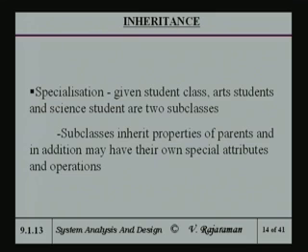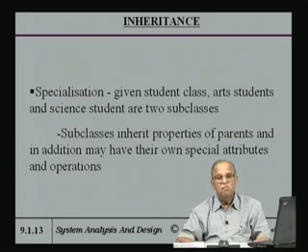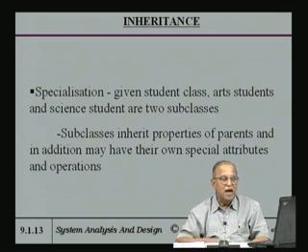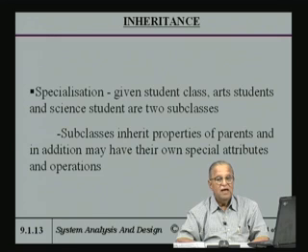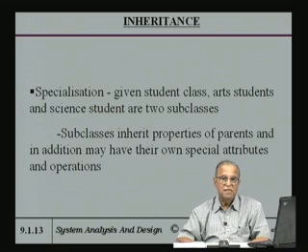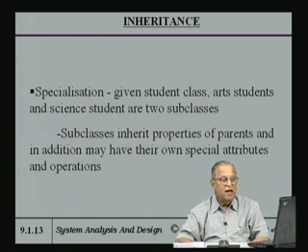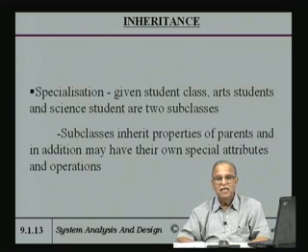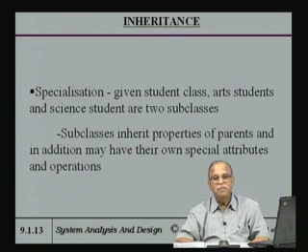Specialization: given a college in which there are both science students and art students, then the science students and art students are two subclasses of the class student, and the two subclasses inherit properties of the parent class, being student, and in addition to that they may have their own special attributes and operations.